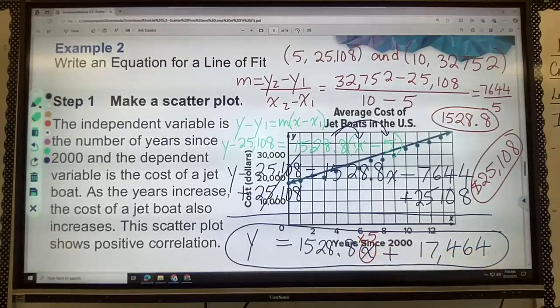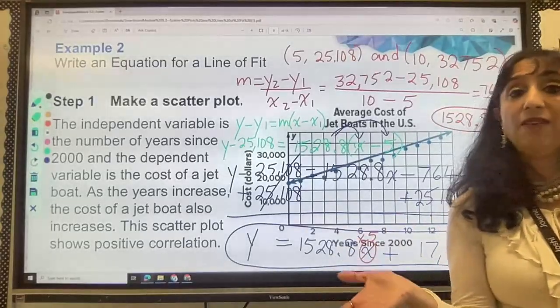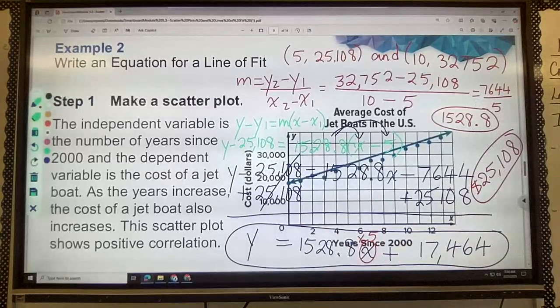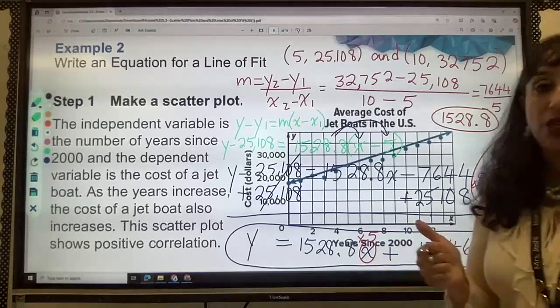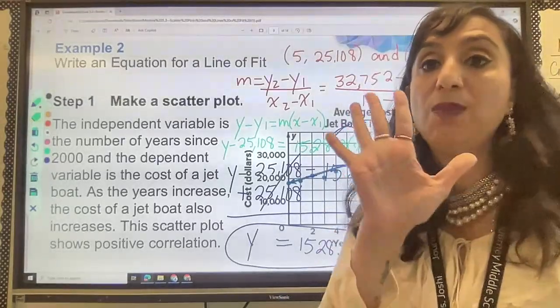So once again, let me explain this. We are evaluating because we are predicting the cost of the boat in 2005. Since the independent variable is what? The number of years after 2000. So what is 2005 minus 2000? That gives me 5.